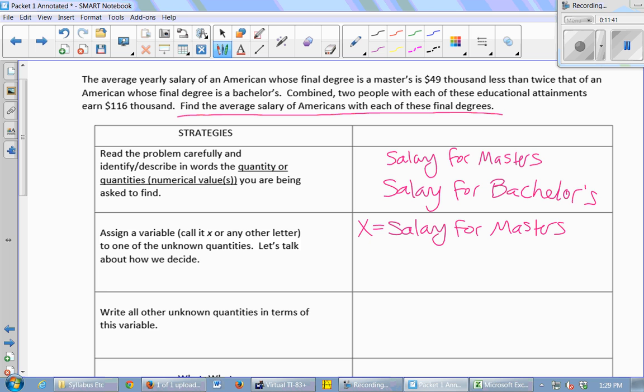Many of you are using the first sentence just fine, but what if you use the second sentence? Yeah, the two salaries together have to add up to 116,000. So if the master's degree is X, then the bachelor's degree is 116,000 minus X.